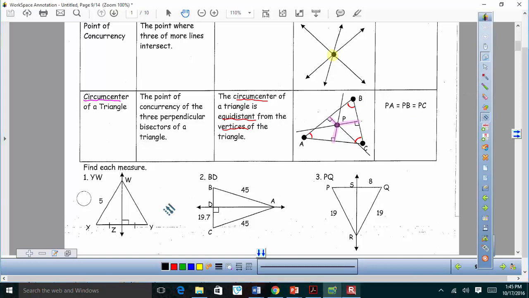So if I drew a line from the vertex to the center in each of these, and I will highlight so we can see them a little better, then all of these lines that go from the vertex to the circumcenter are going to be equal. So I'll go ahead and put a tick mark there to signify that those are equal.